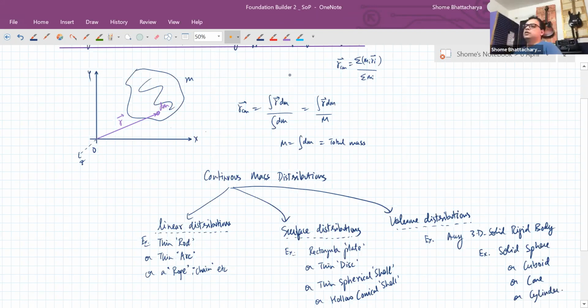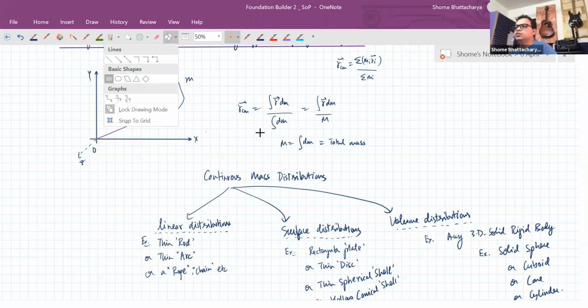So to be able to apply the integration method properly to calculate the position of center of mass for a continuous mass distribution system, we have to first classify our mass distribution into one of these three categories, so that we know how to further apply this integration formula that we've written about. So just make a note of this quickly.